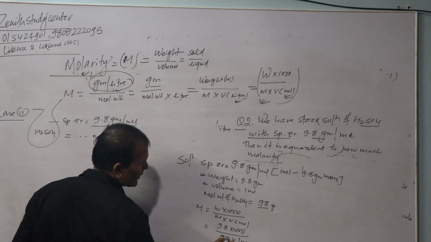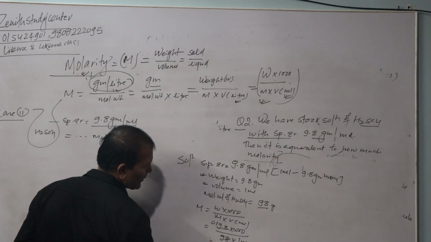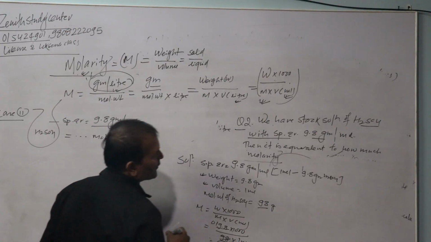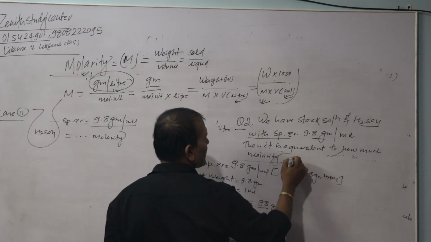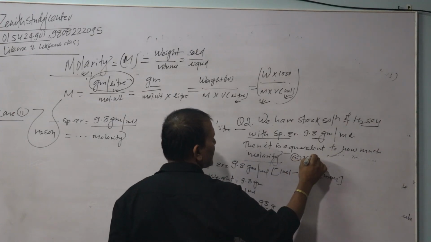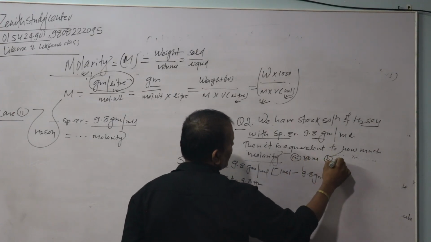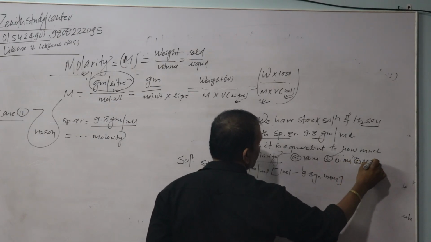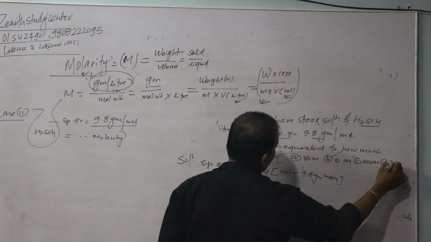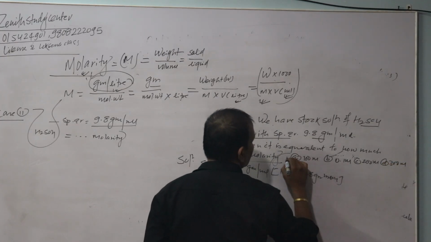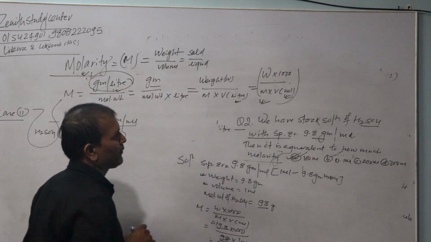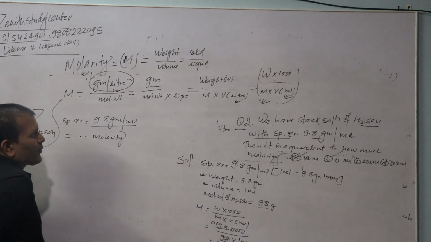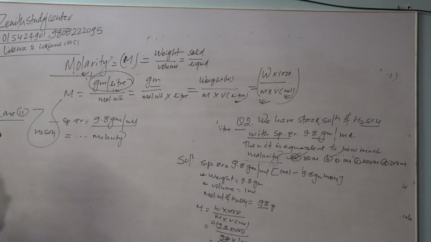After calculation, we get 100 molarity. If your options are like A 100 molarity, B 0.1 molarity, C 200 molarity, D 300 molarity, you can check 100 molarity.